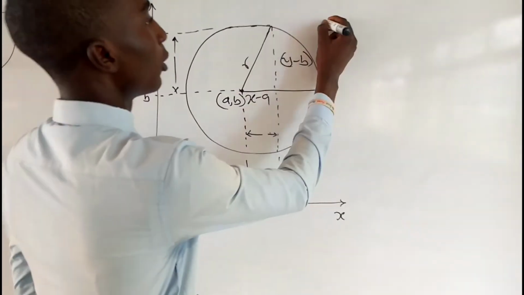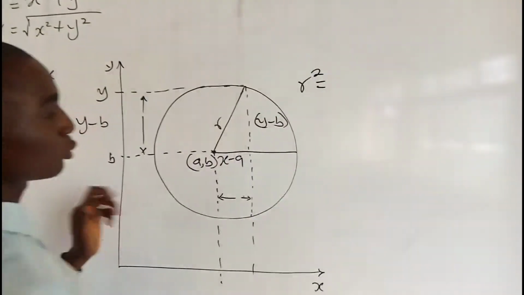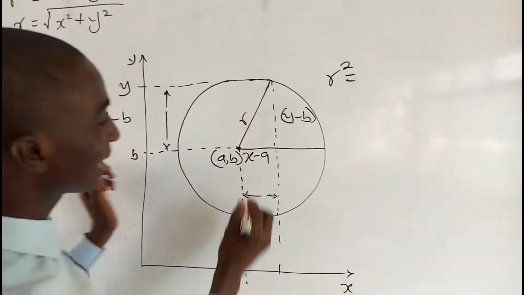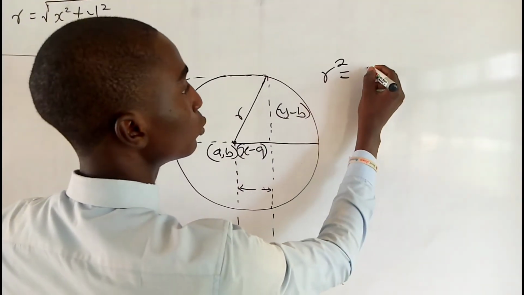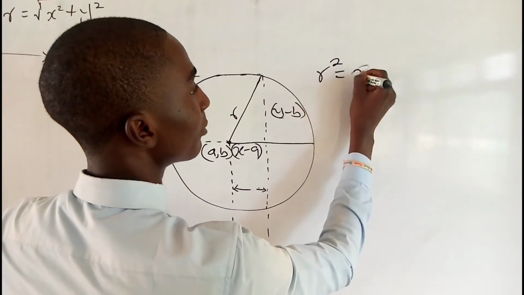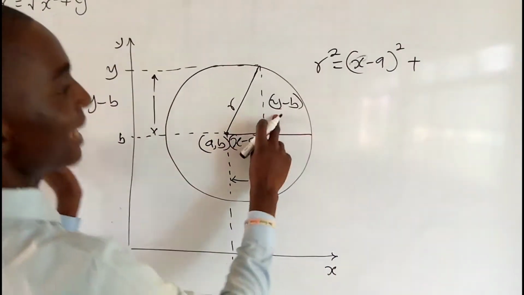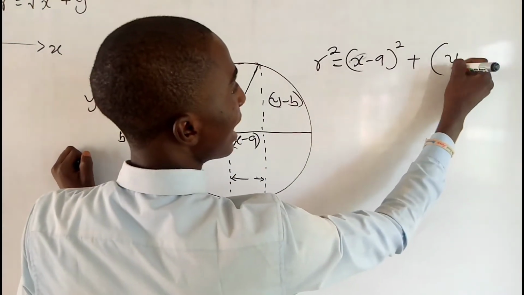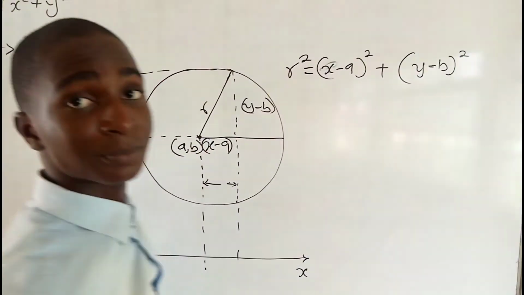Now let's go. From our Pythagoras theorem, we know that r squared is equal to x squared, and our x here is x minus a, so it is x minus a squared plus, and our y here is y minus b squared.